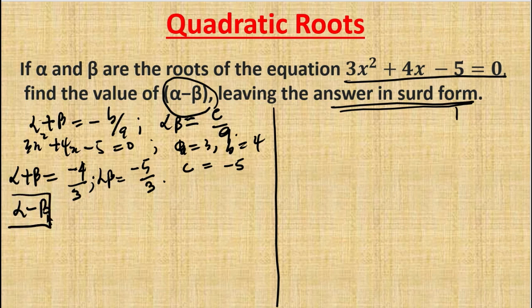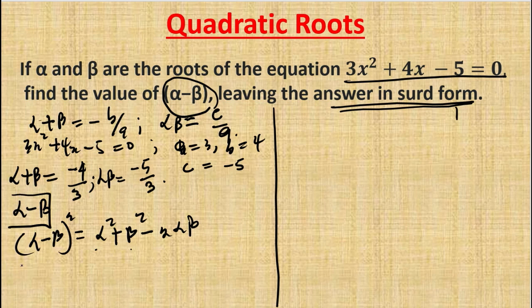Now, we should remember that alpha minus beta all squared will be the same thing as, if I open this bracket, alpha squared plus beta squared minus 2 alpha beta. But what we have in this alpha squared plus beta squared is simply alpha plus beta.